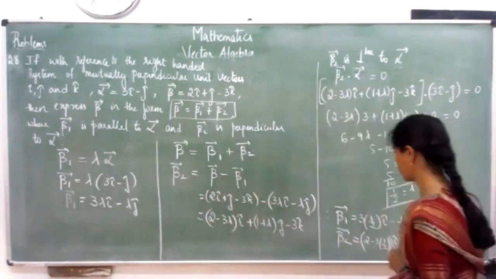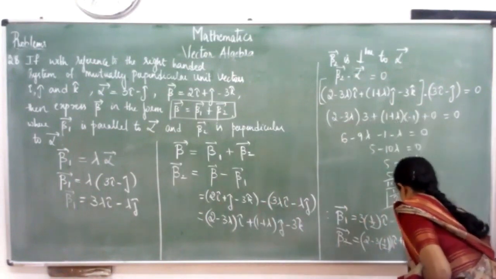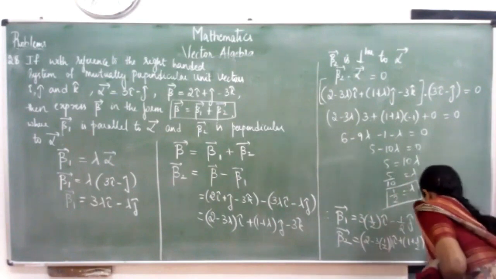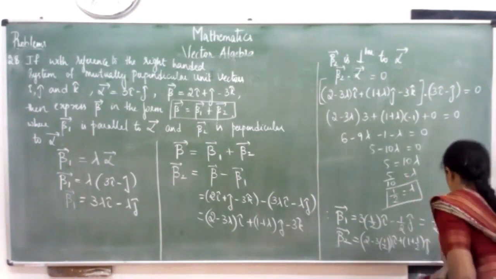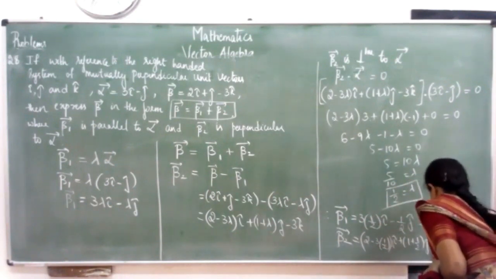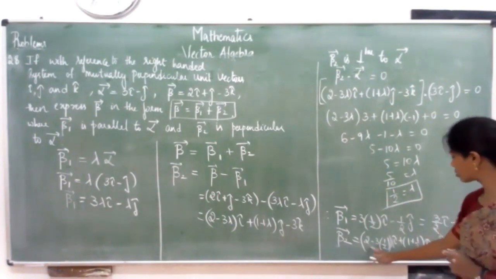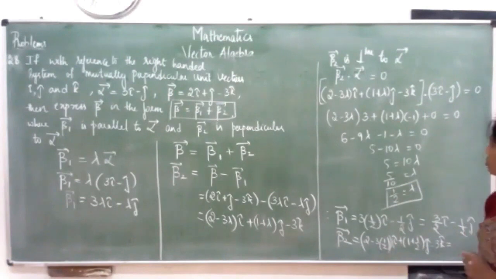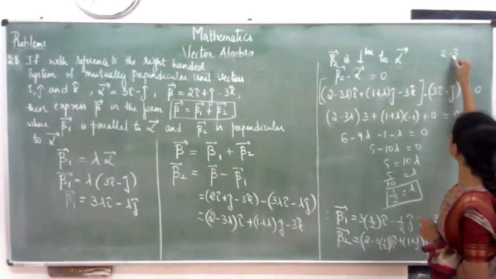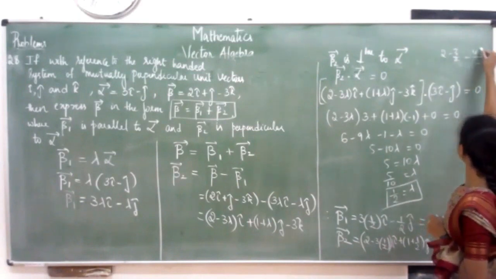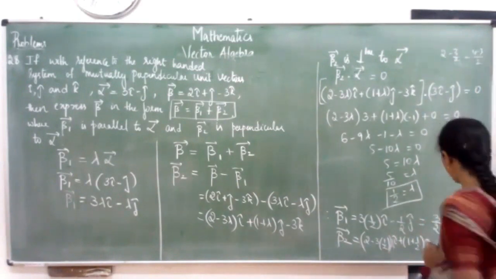Then we have plus 1 plus 1 by 2 into j cap, then minus 3k cap. So this will be equal to 2 minus 3 by 2. When we have 2 minus 3 by 2, the LCM will be 2. Therefore you get 4 minus 3, which is equal to 1.